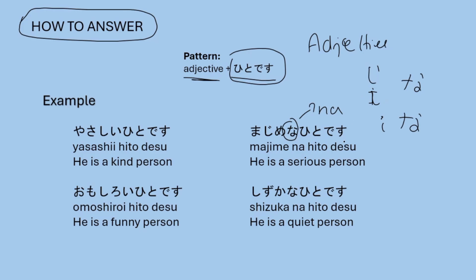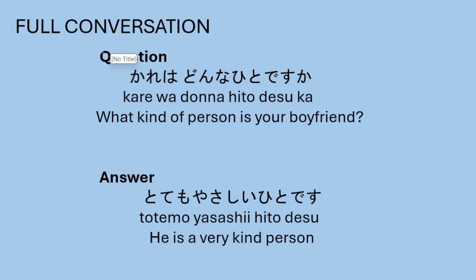I'm going to explain this in our next lectures when I discuss adjectives plus verbs and these things. But now I am just giving you the reason we add na here. Shizuka na hito desu. He's a quiet person. So this is all.